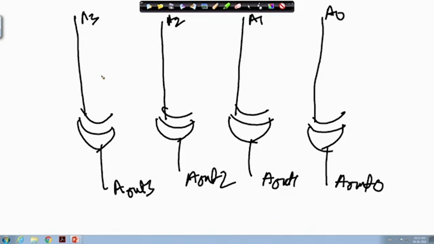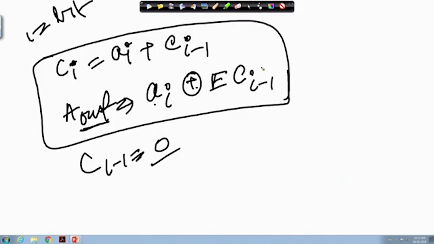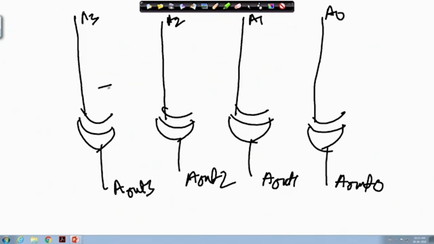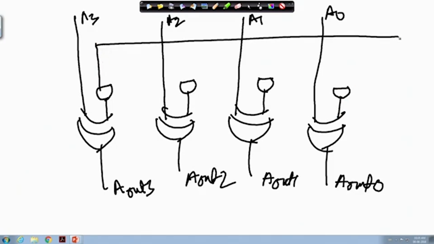So, that means to calculate these particular things, I need one AND gate at the input of each of these corresponding XOR gates. So here I need one AND gate, here one AND gate, and here one AND gate, where one input of each AND gate is fixed to E.